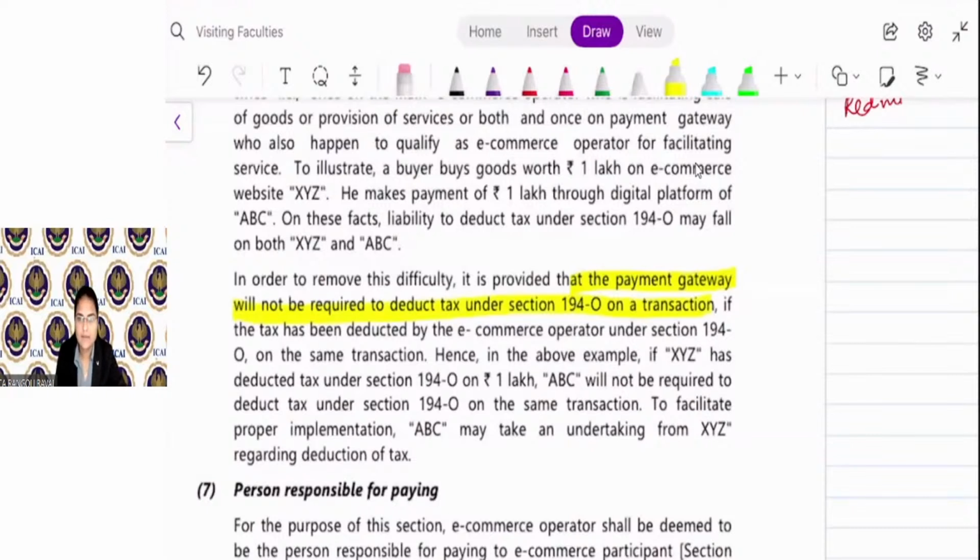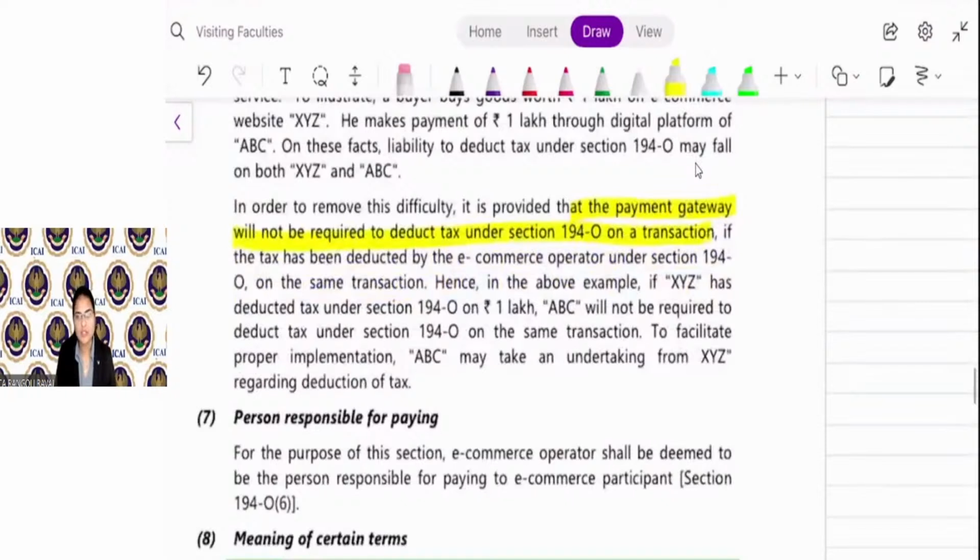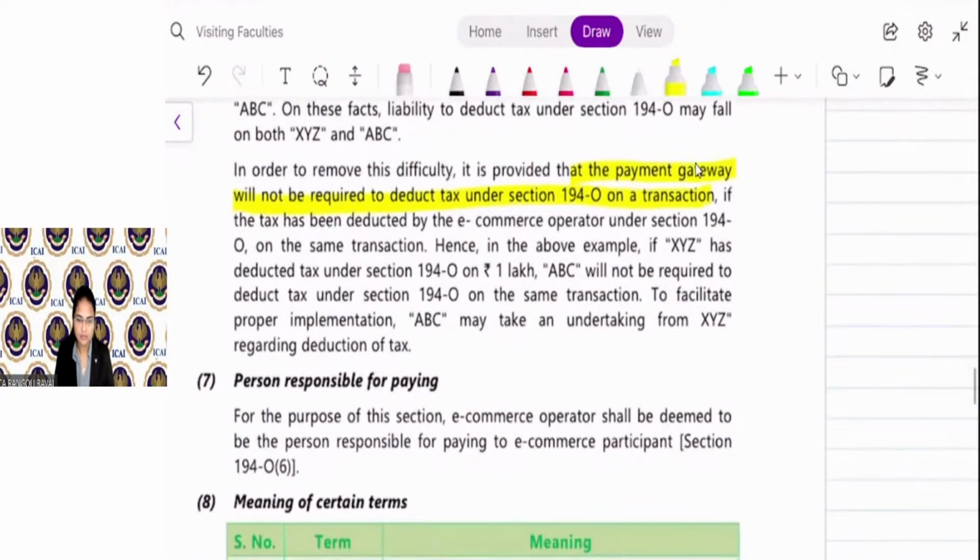So in this case, XYZ, that is in our case Flipkart, is required to deduct TDS under 194O on 1 lakh, and Google Pay is not required to deduct TDS under section 194O. But for proper implementation, Google Pay should take an undertaking from Flipkart that Flipkart will deduct TDS on that transaction. Clear, everyone? Yes or no?